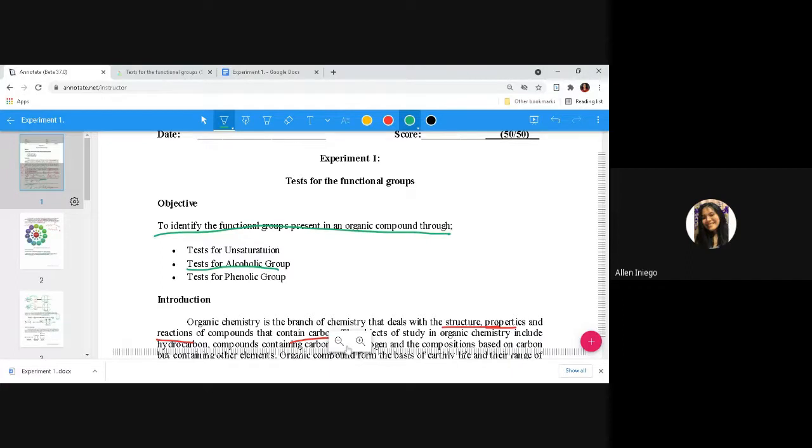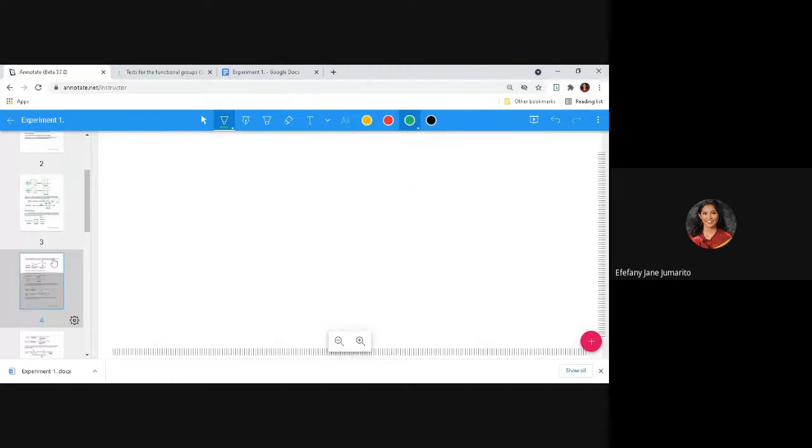Test for alcoholic group. To identify the functional group present in an organic compound through test for unsaturation and test for alcoholic group. Okay, we have done number 1. Okay, let's go to objective 2. Test for alcoholic group.